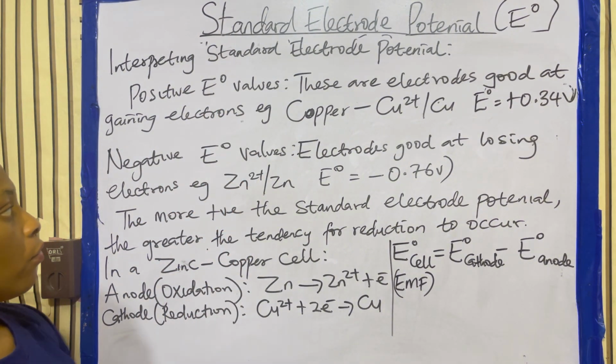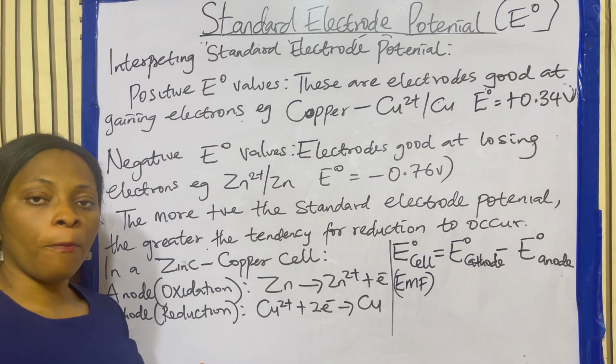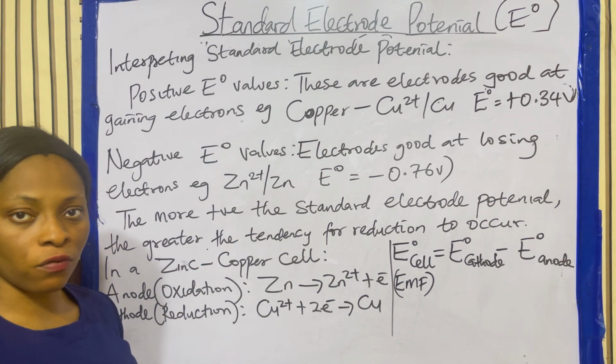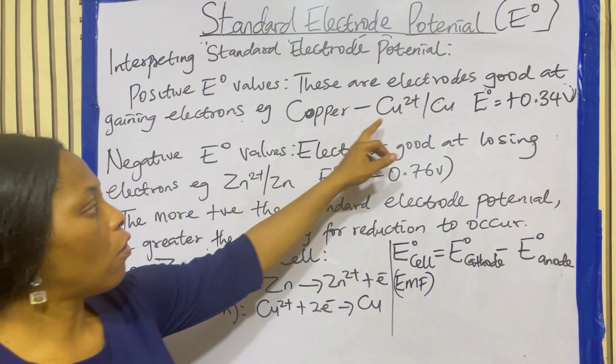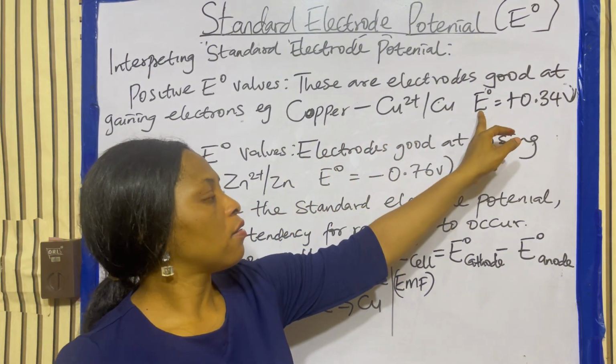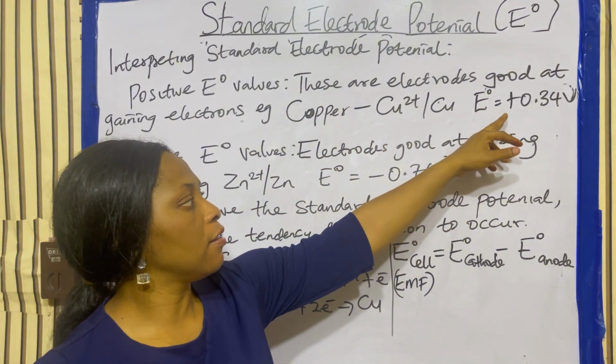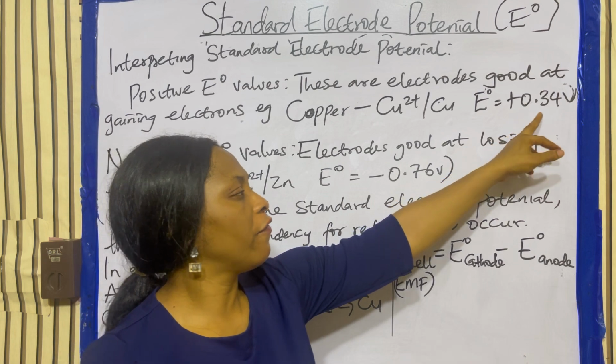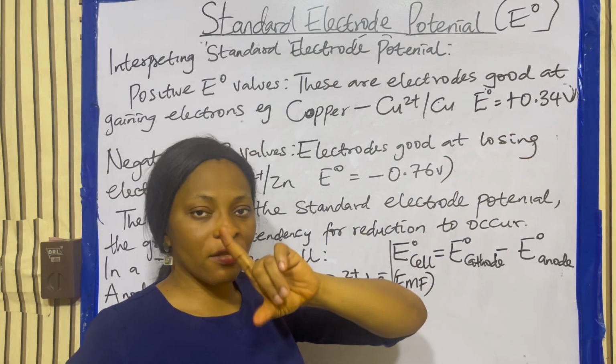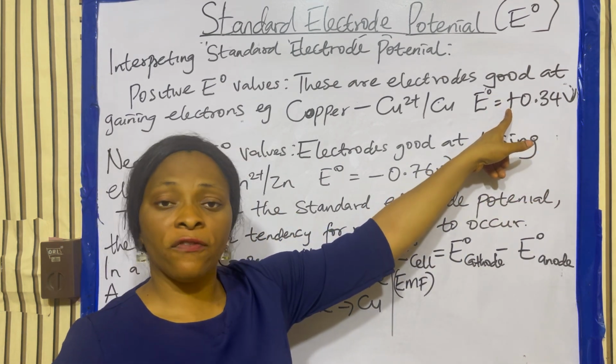For example, copper. Copper is good at gaining electrons. So the standard electrode potential of copper is plus 0.34 volts. Please, you must be very careful with the signs.